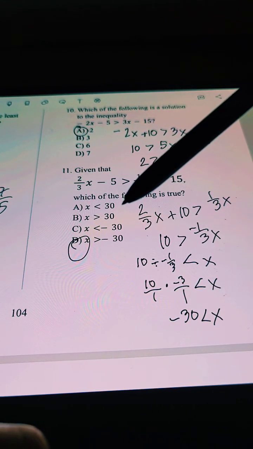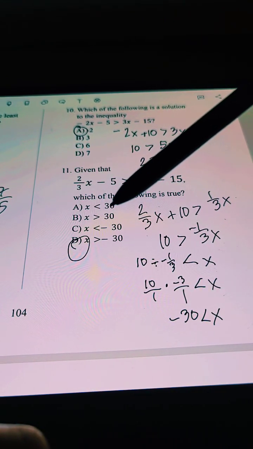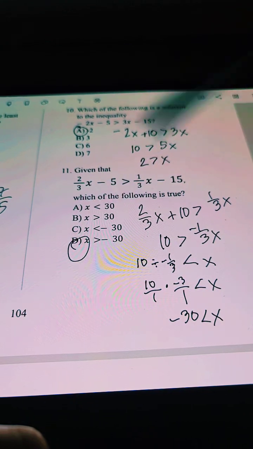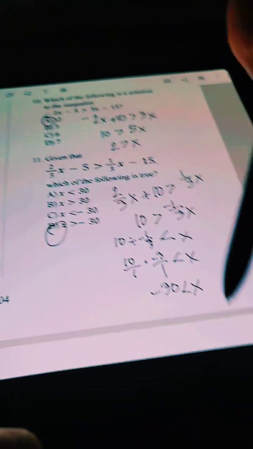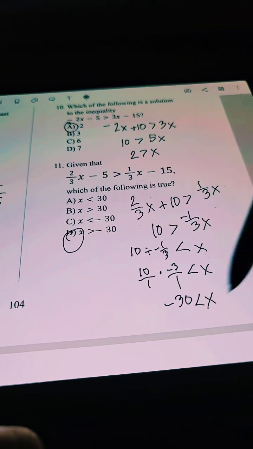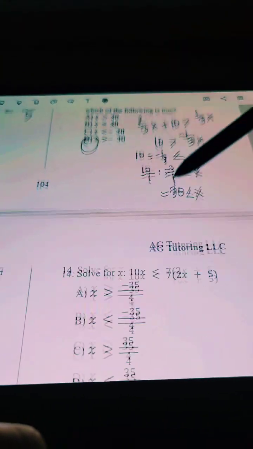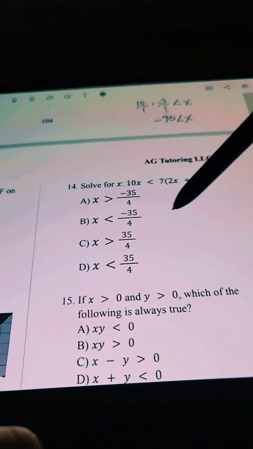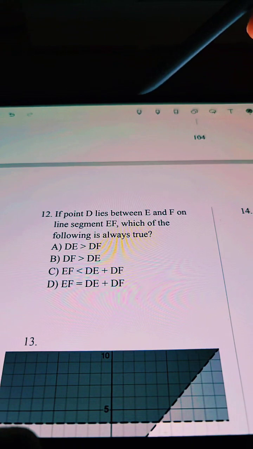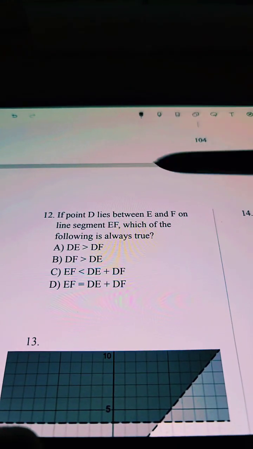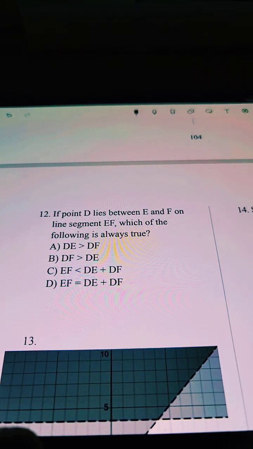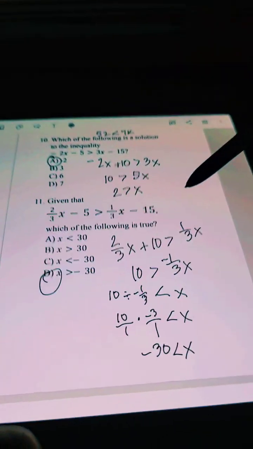Surely B and D are correct. D is the correct answer because that's a negative. But B is also true.